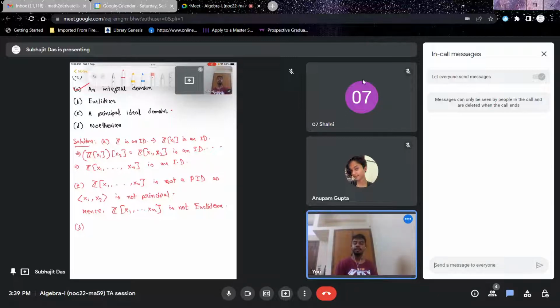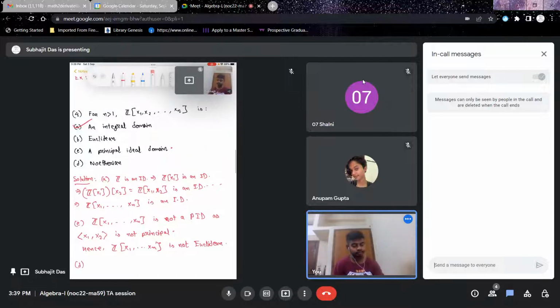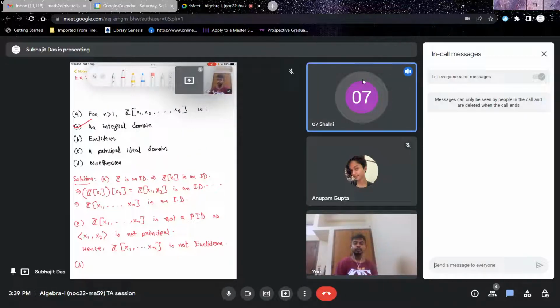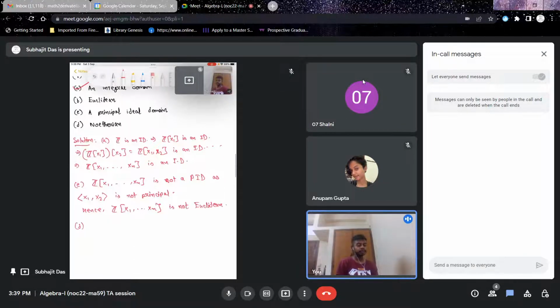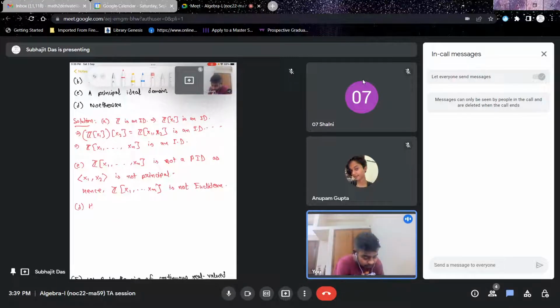Or is that part of your course? I think Hilbert basis theorem is not in our course. Okay. So I don't know why they considered giving this problem, but this is a very powerful theorem in commutative algebra as well as algebraic geometry.